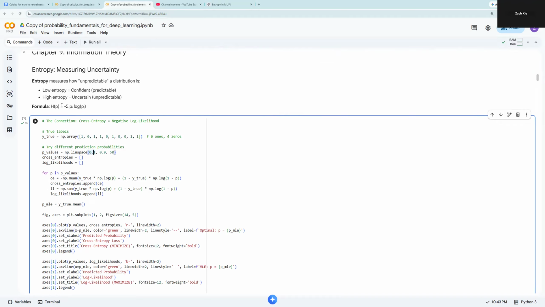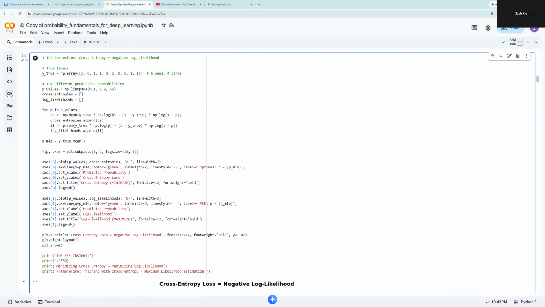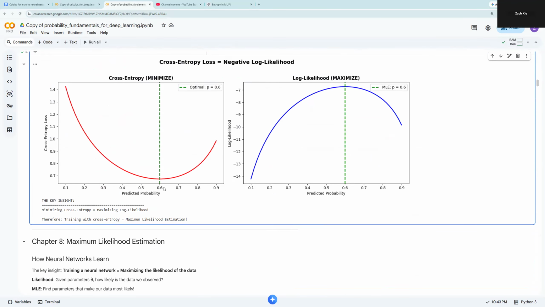And when we plot it out, indeed, at 0.6, we have the lowest cross entropy, meaning that when p equals 0.6, the model has the least uncertainty, or the least difference from the true distribution.